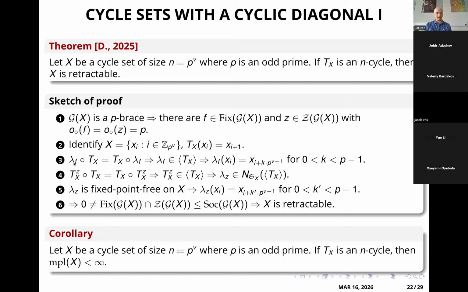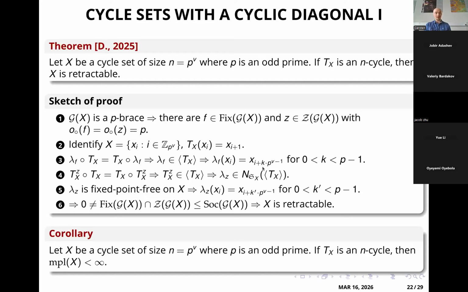Or you can consider lambda f as the diagonal of the cabling. This is one reason, or one explanation, why this commutes with t of x. And so lambda f has to be actually in the cyclic group generated by t of x, simply because this group acts regularly on x and is abelian. So lambda f itself has to be an element of this group, and so we know that lambda f has to be of this form.